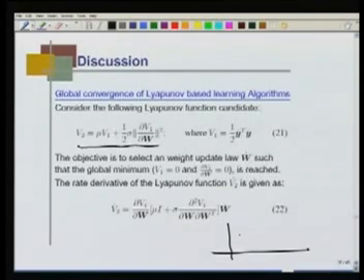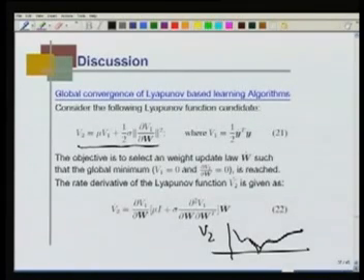So, let me now try to explain what is the meaning of attaining a global convergence. If I look at the Lyapunov function, which is now V2, you can easily see that at this point V1 is 0 and at this point del V1 by del W is also 0.